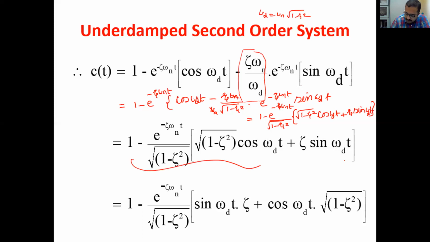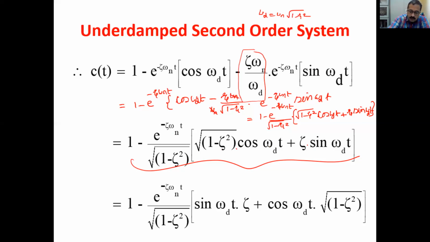That is what is shown here: 1 minus e raised to minus zeta omega n t by root of 1 minus zeta square into root of 1 minus zeta square cos omega d t plus zeta sin omega d t. Just rearrange it: sin omega d t into zeta plus cos omega d t into root of 1 minus zeta square.